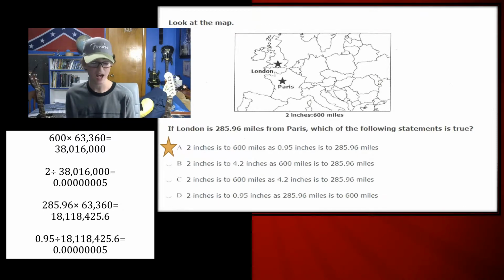The second half is 285.96 miles divided by 600. When you divide that, that gives you 0.4766. That's not the answer, okay? So, I guess the answer is A. We got it from the start. Good job if you got it right. I might not know if you did, but you'll know.